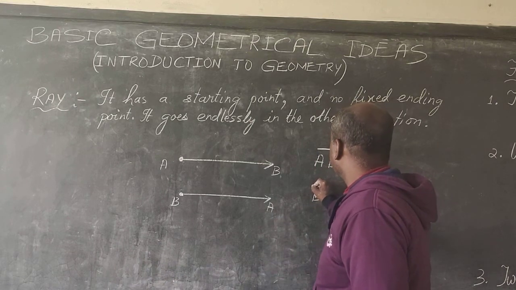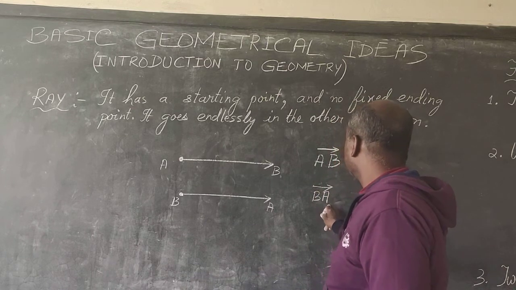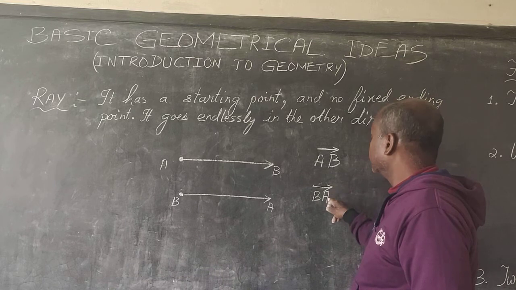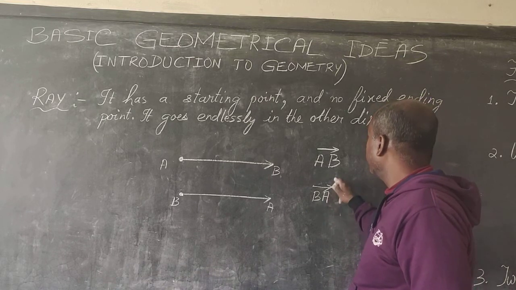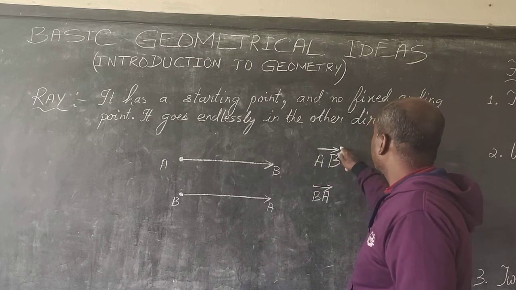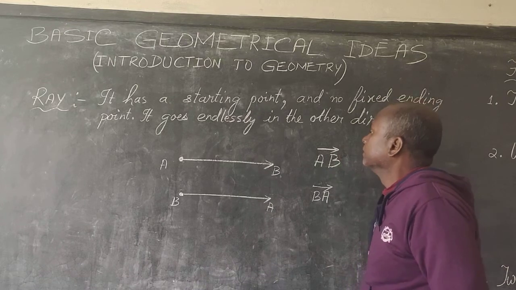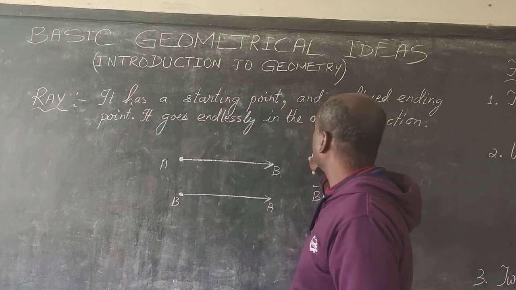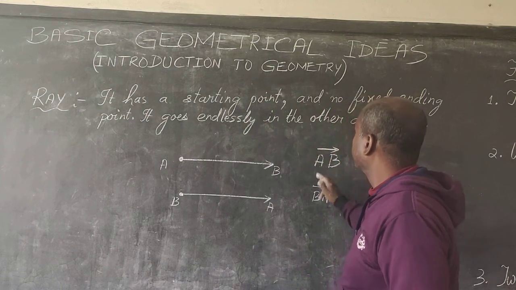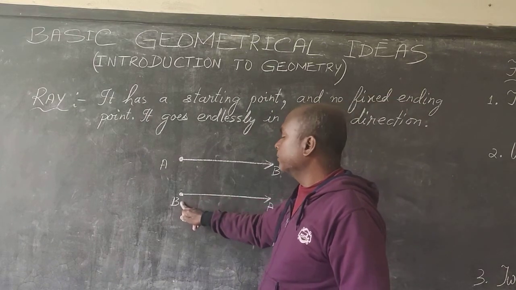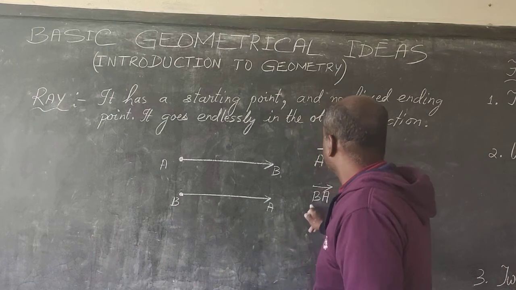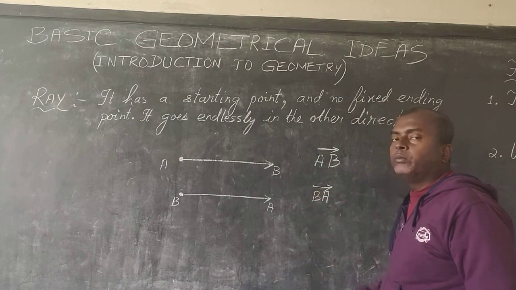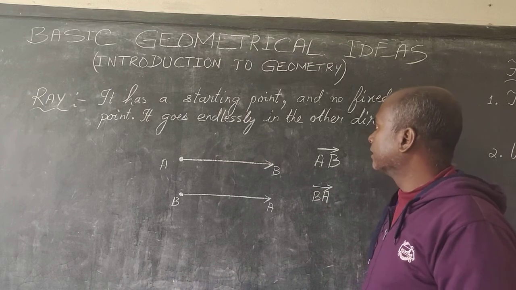A. So starting point is B and goes towards A, so we represent it like this. The arrow is above A. In this case, the arrow is above B. Starting point for this particular ray is A, so here no arrow above A. For this particular ray, starting point is where? B. So there is no arrow above B. So this is how we represent ray.